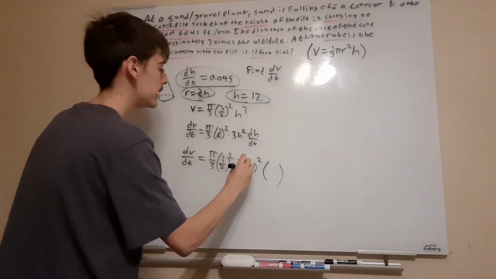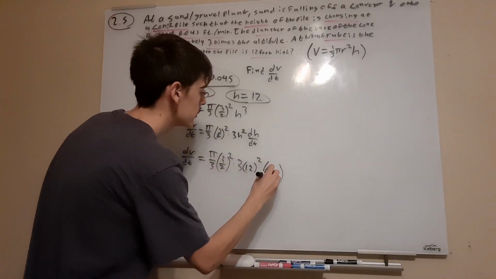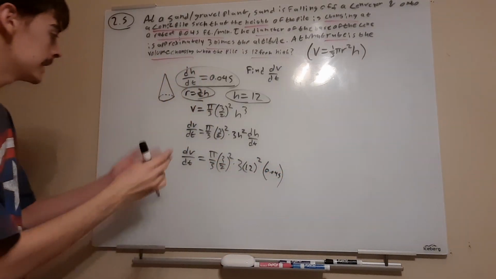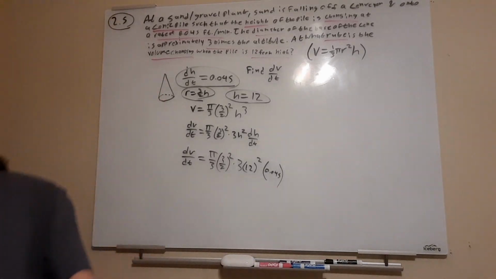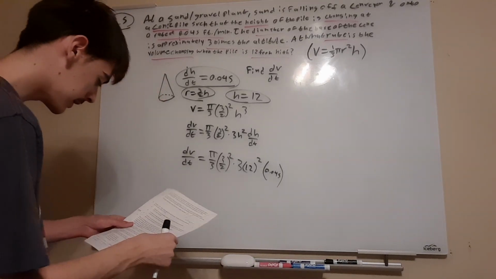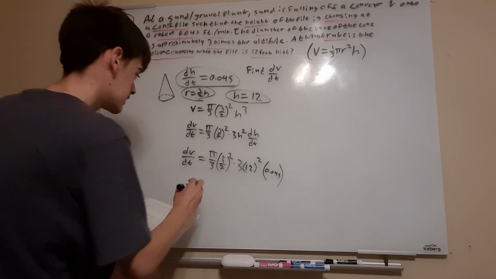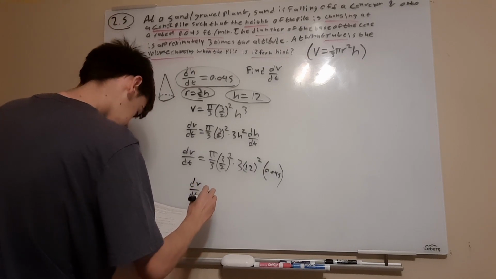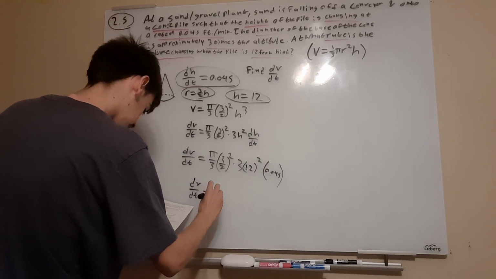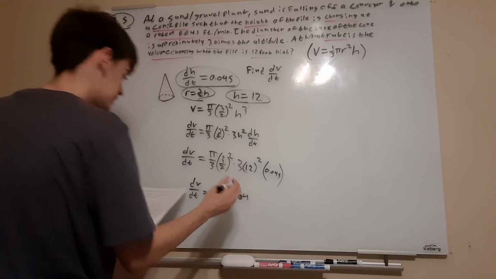H, right here we have written, is equal to 12, and then dh/dt equals 0.045. At this point you just throw all of this mess into your calculator, and if we plug all that in, we will get that dV/dt equals 45.804, and that's our number value.